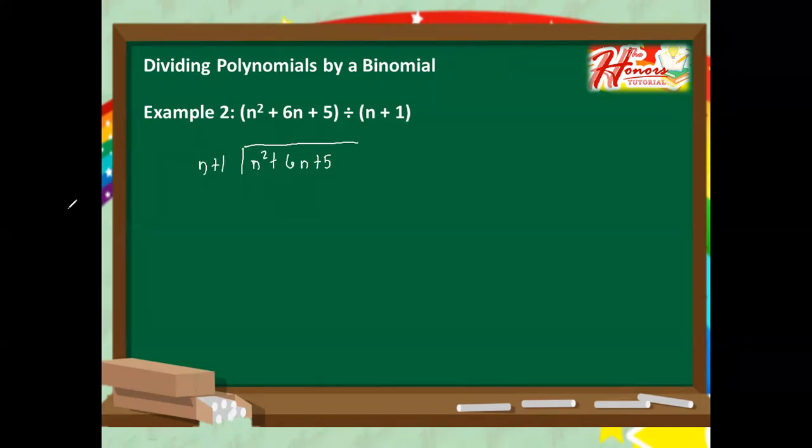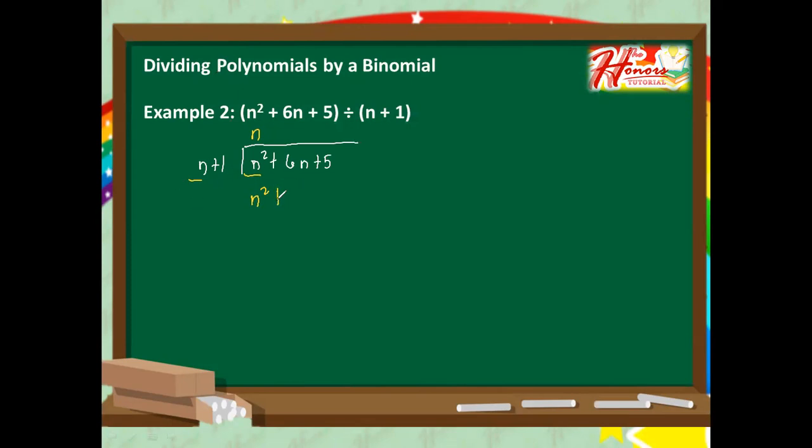Kindly divide n squared and then n squared divided by n. So that is n. So write it here. N times n, that is n squared. Write it here below. And then n times 1, that is positive n.